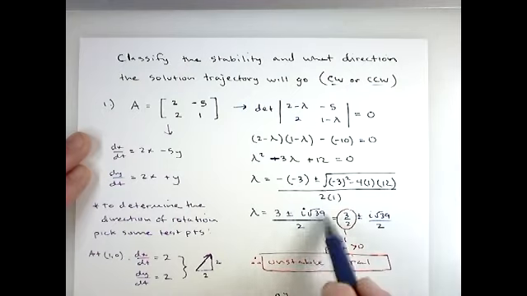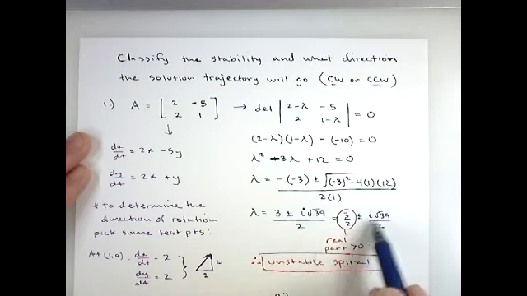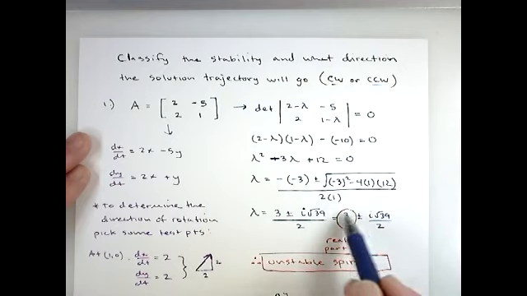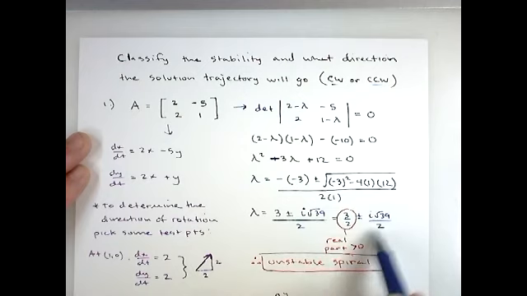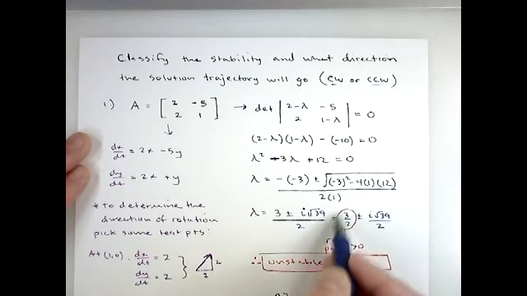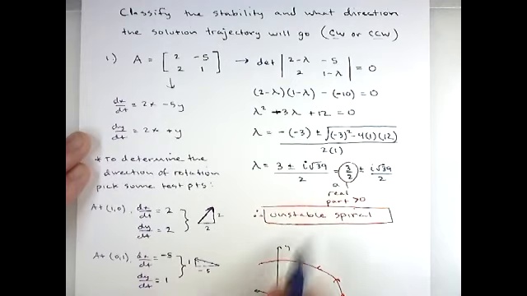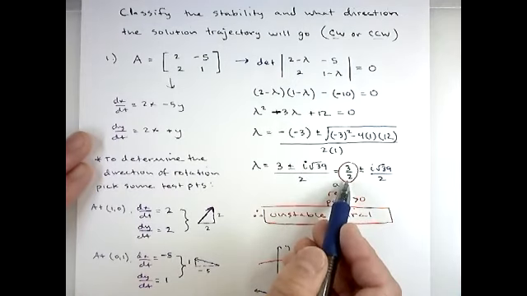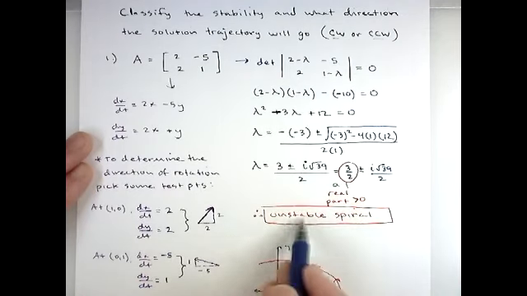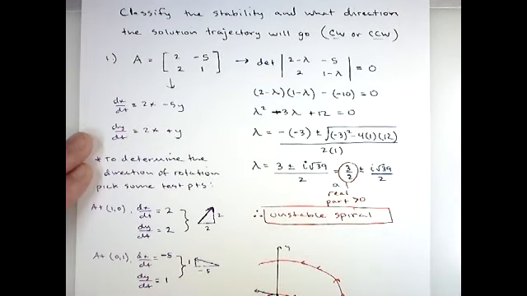If you split that up, 3 halves plus or minus i root 39 over 2. The minute I see a complex eigenvalue, I know it's a spiral. And the minute I see that the real part is positive, that would be my A, I quickly know that's going to be an unstable spiral.